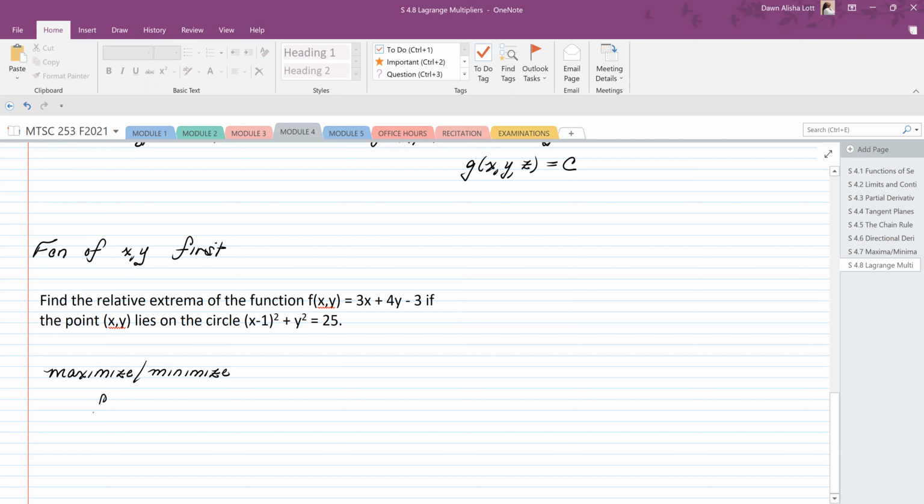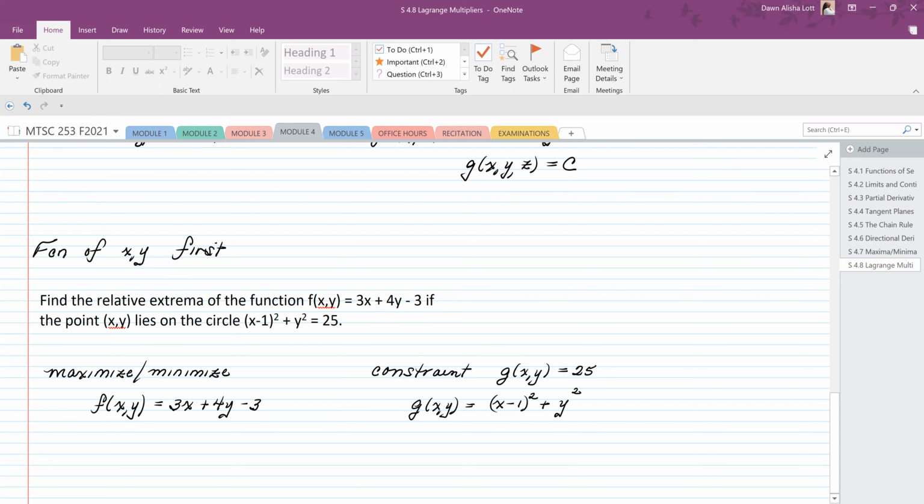The function is f of x, y equals 3x plus 4y minus 3, and the constraint is g of x, y equals 25, where g of x, y is x minus 1 squared plus y squared.